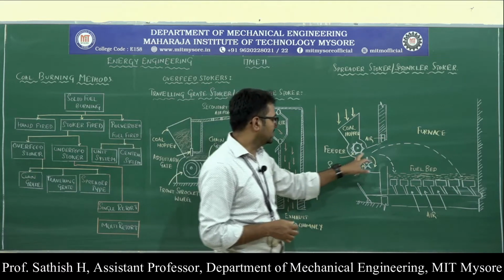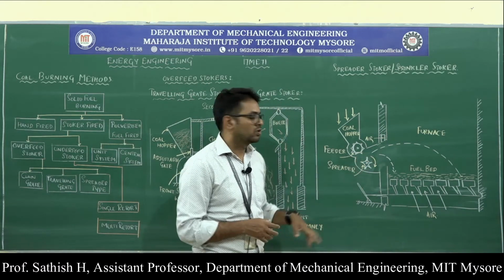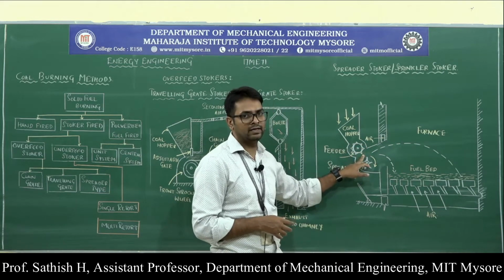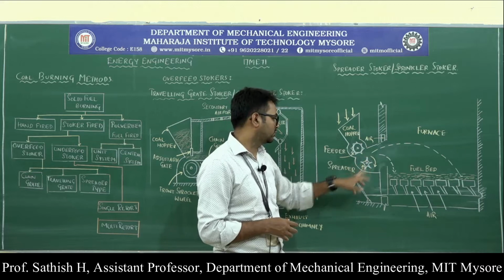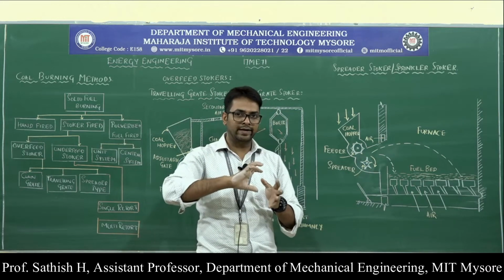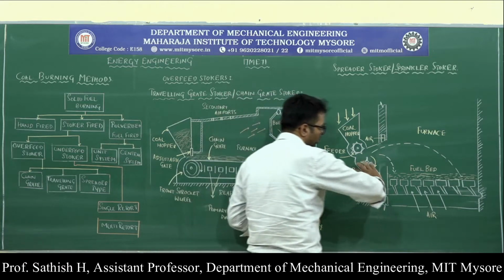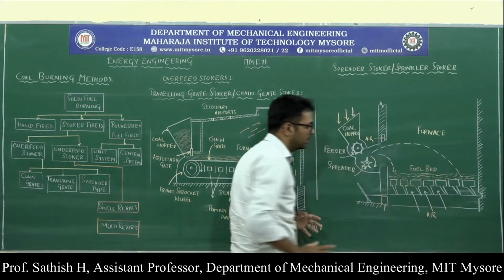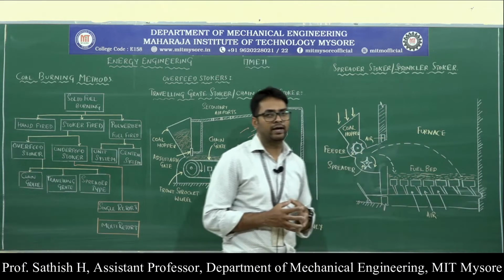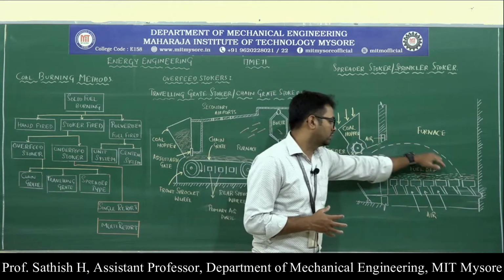So whatever coal comes from the hopper, passes onto the feeder, and is continuously fed onto the spreader, while rotating, the teeth throw this coal uniformly over this fuel bed.